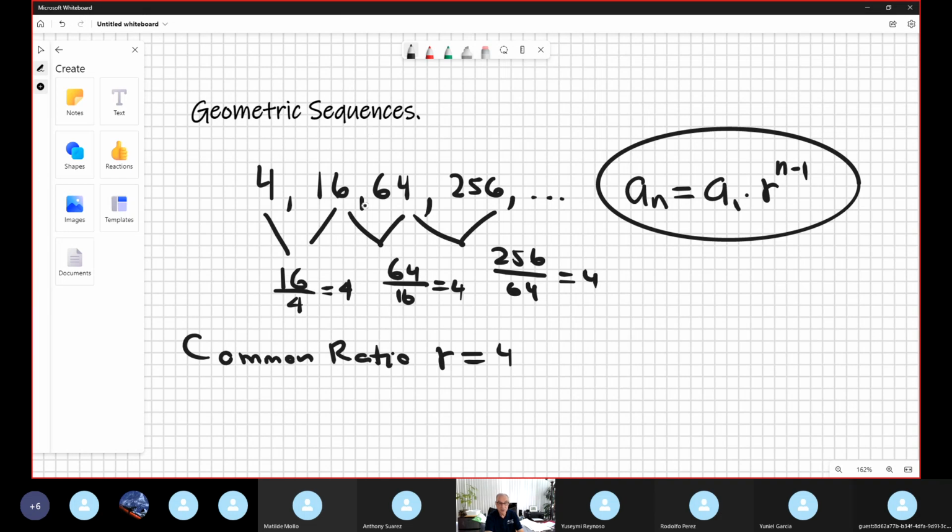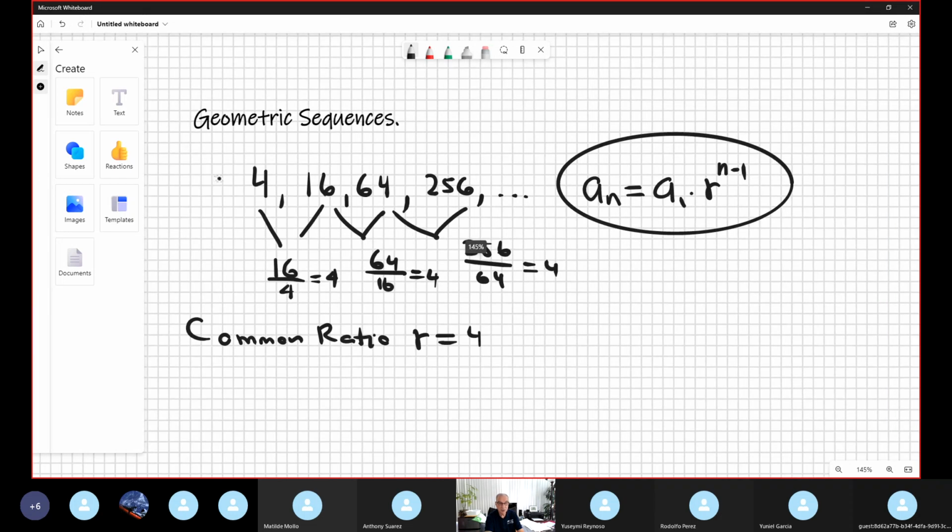So suppose in this introductory example you want to find the formula that describes this sequence, A sub n, the explicit formula. A1 is 4, and the common ratio is 4, so 4 times 4 to the n minus 1.